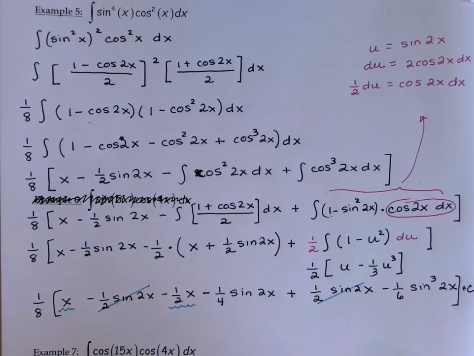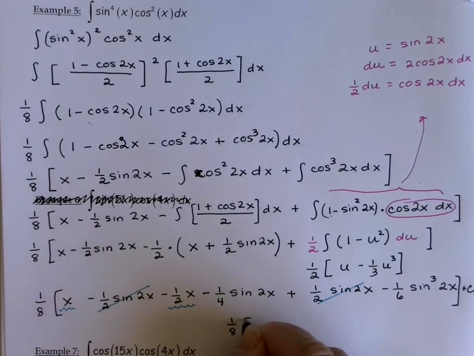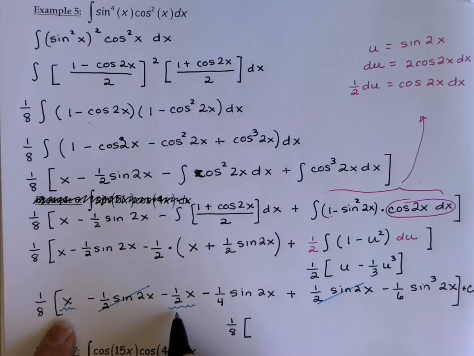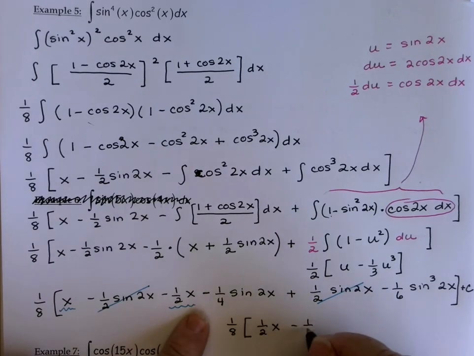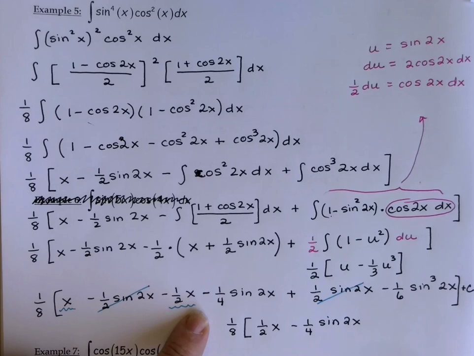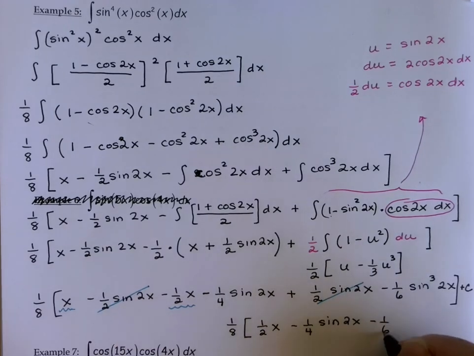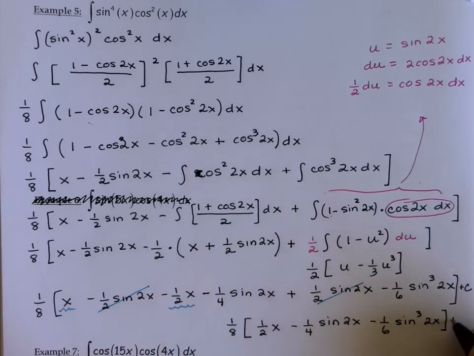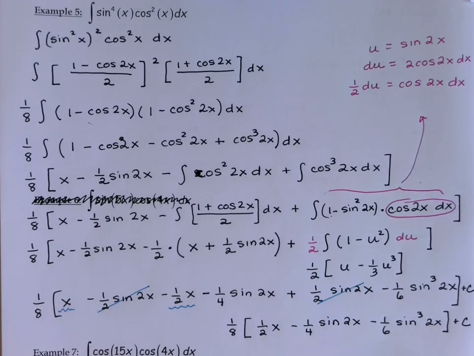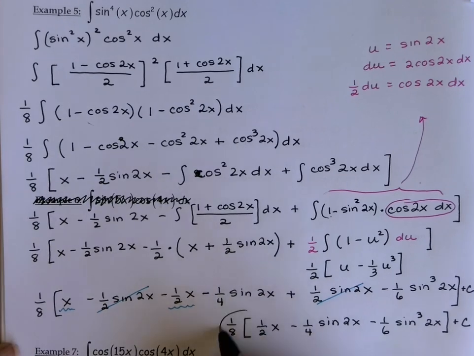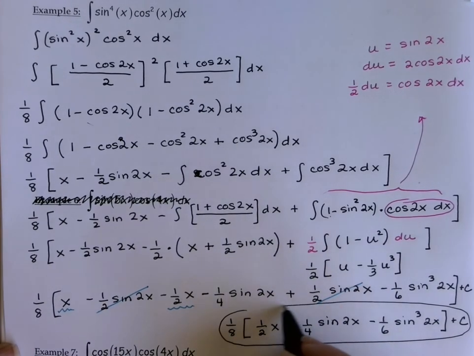So for my final answer, I'm going to have a 1/8 times 1x minus 1/2 x would be 1/2 x minus 1/4 sine 2x, and then a minus 1/6 sine cubed of 2x plus c. All right. If I didn't lose anything, lots going on there. That should be my final answer.